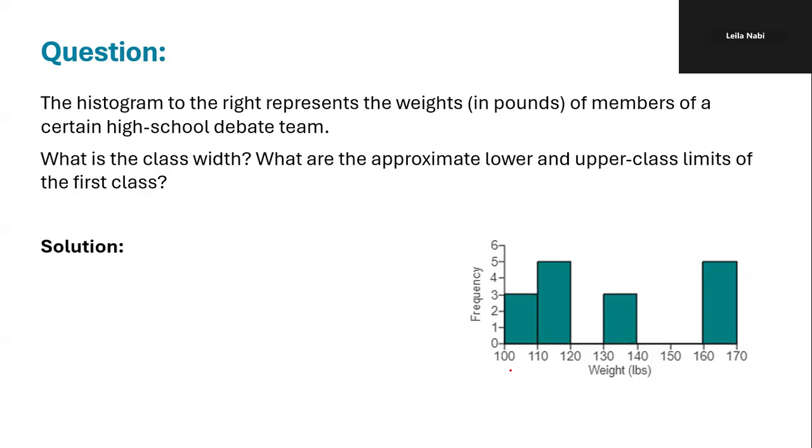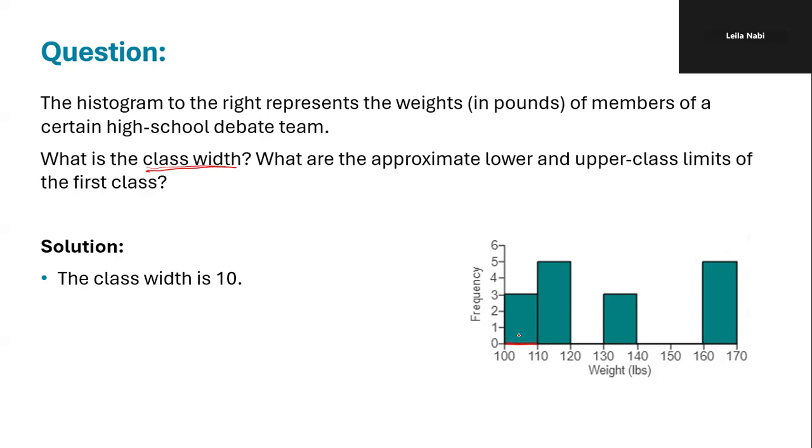But when we have a histogram, we know that the upper class limit for the first class should be the same as the lower class limit of the second class. So that means the class width is the distance between the upper class limit and the lower class limit of each bar. And the distance between 100 to 110 is 10. So the class width is 10.